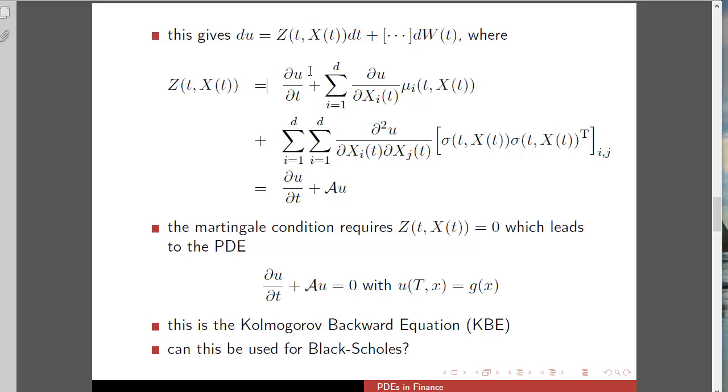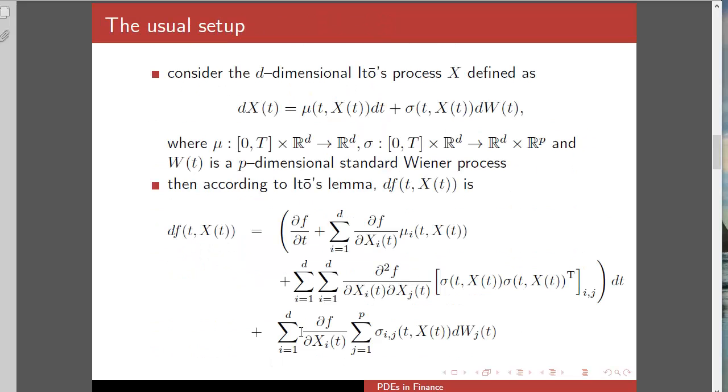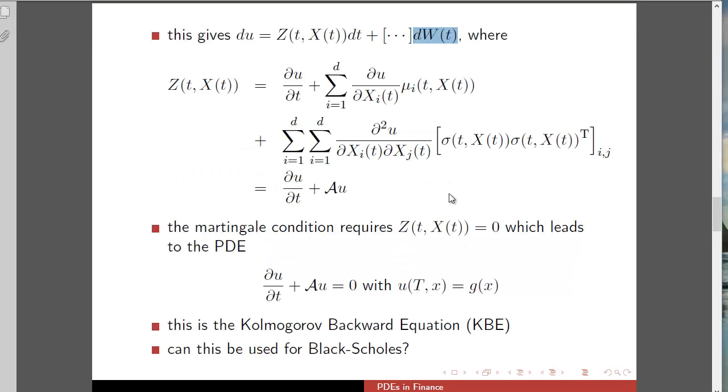So you calculate du using the Itô lemma, and to have some shorthand notation, we collect some terms and place them into this variable, and the other stuff, basically the tail of the Itô lemma with the randomness, we place here.